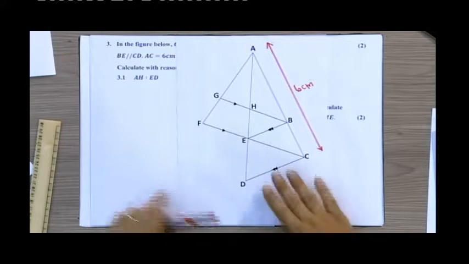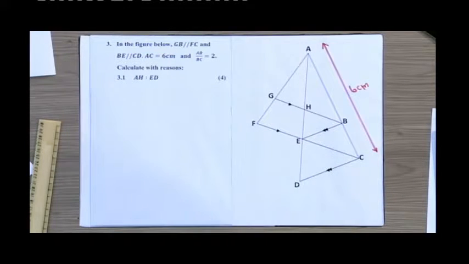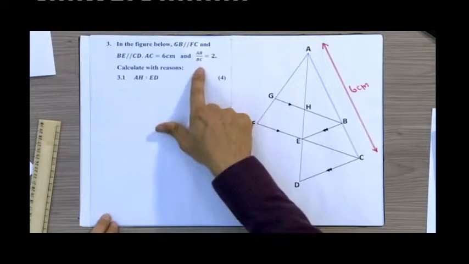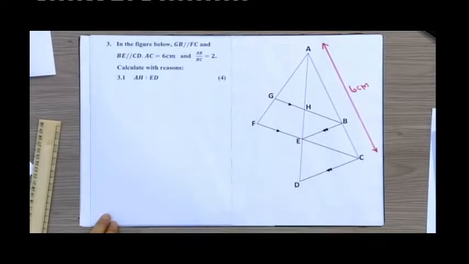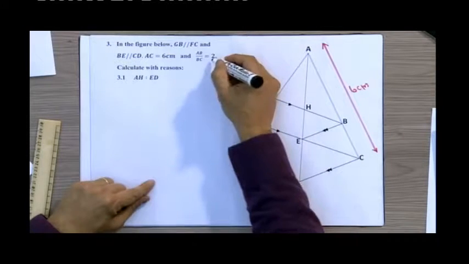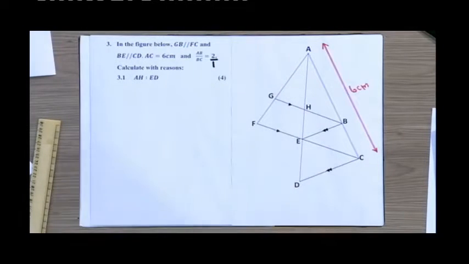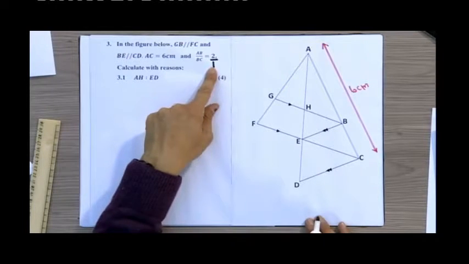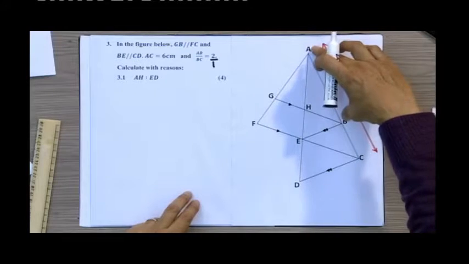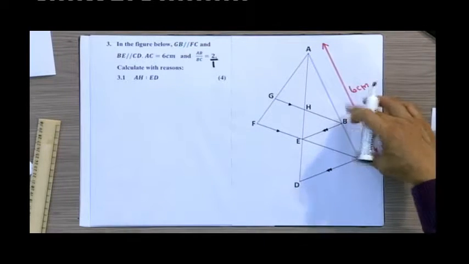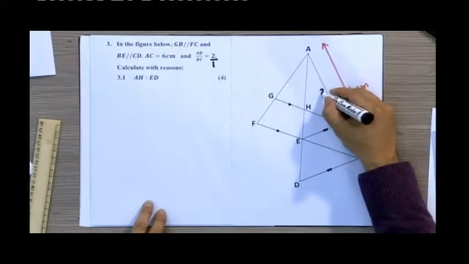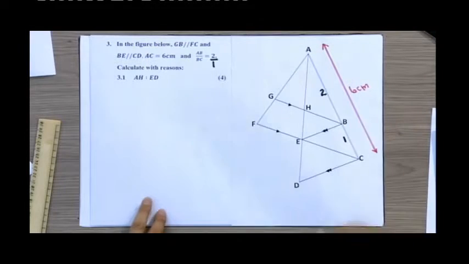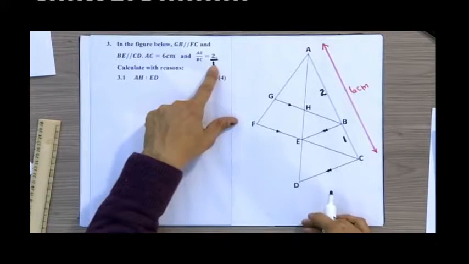Then also what they say is that AB over BC is equal to 2. If AB over BC is equal to 2, it means the same as 2 over 1. Any value means a value over 1. It has a ratio 2 to 1. It's given there.